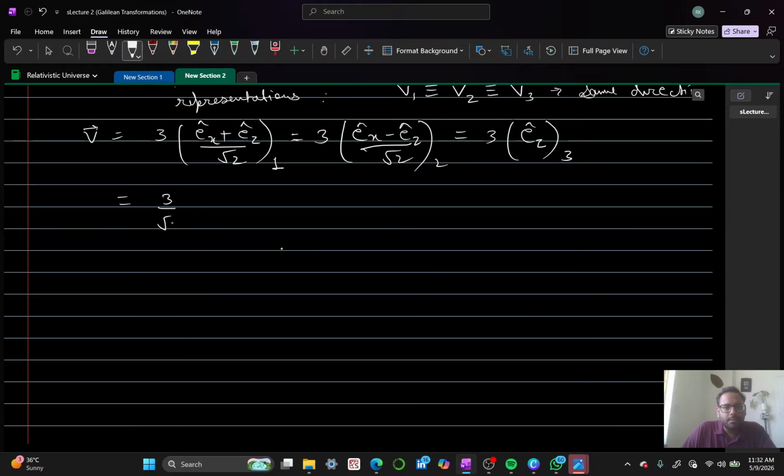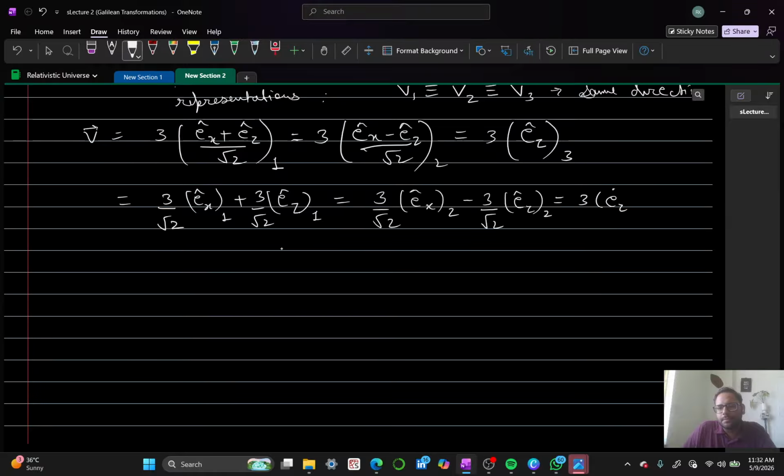Now you see here, when you see this explicitly, this in the first representation is equal to 3 by 2, and in the second representation it is equal to this. Similarly, it is like this.